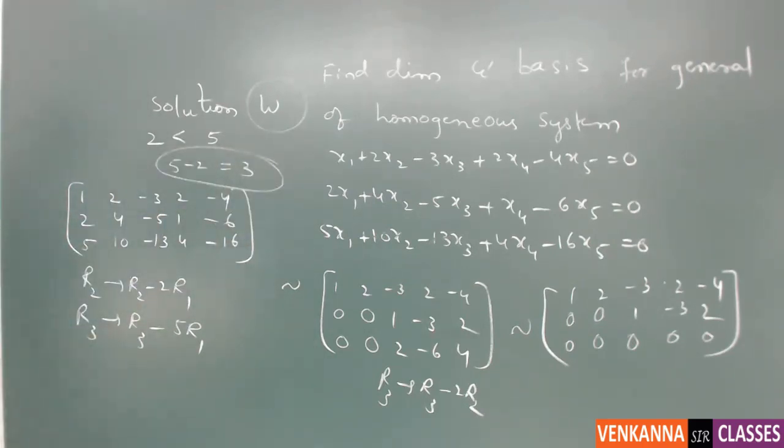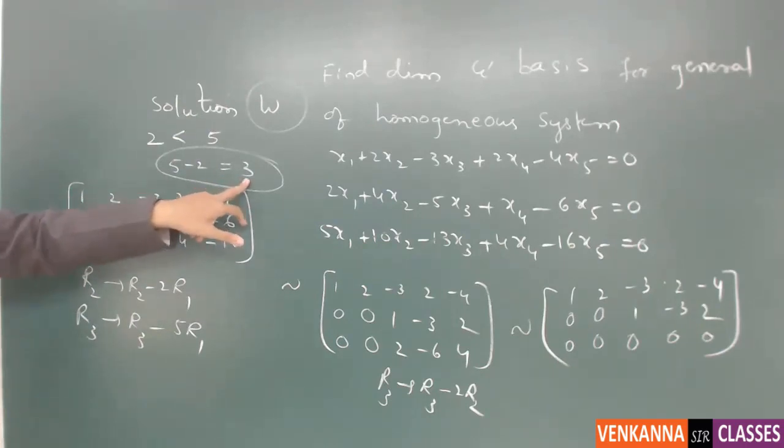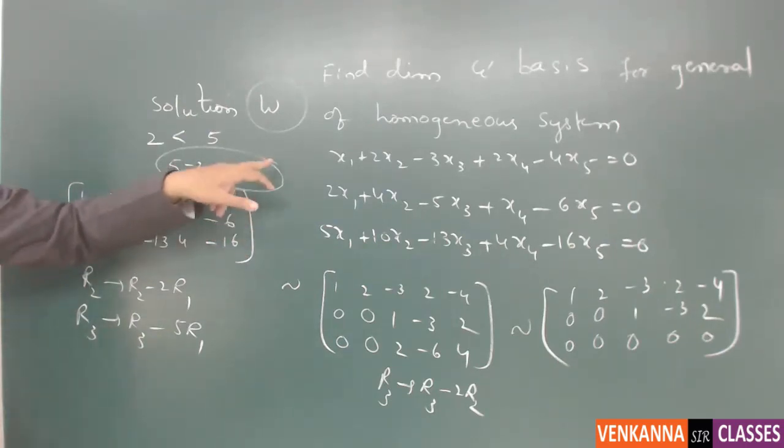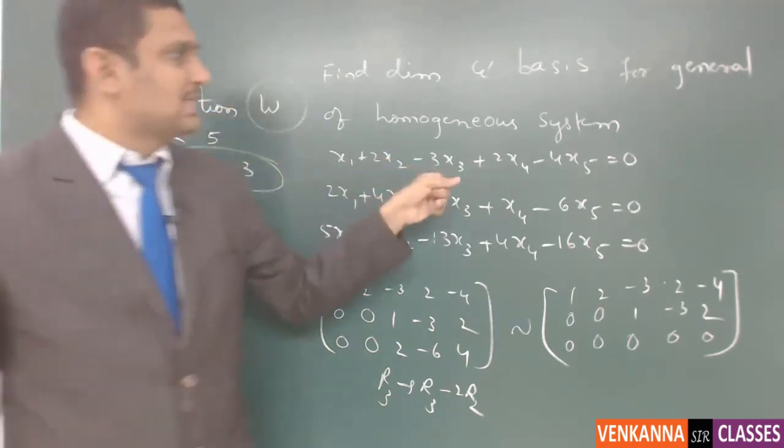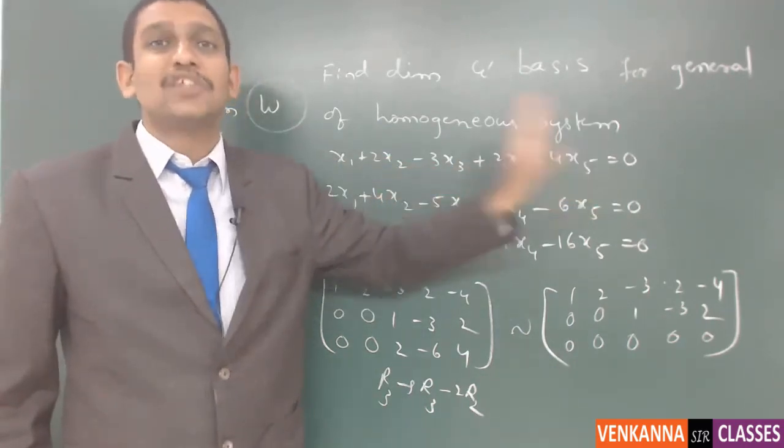So generally we need to take 3 constants here. Depending upon the number of independent solutions, you will take the constants from the last. So usually we take x3, x4, x5 as constants.